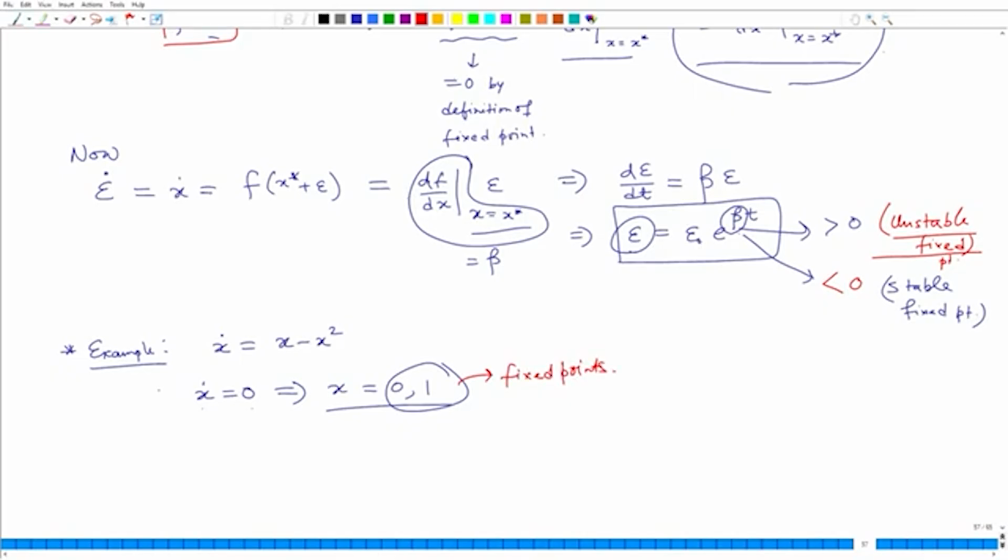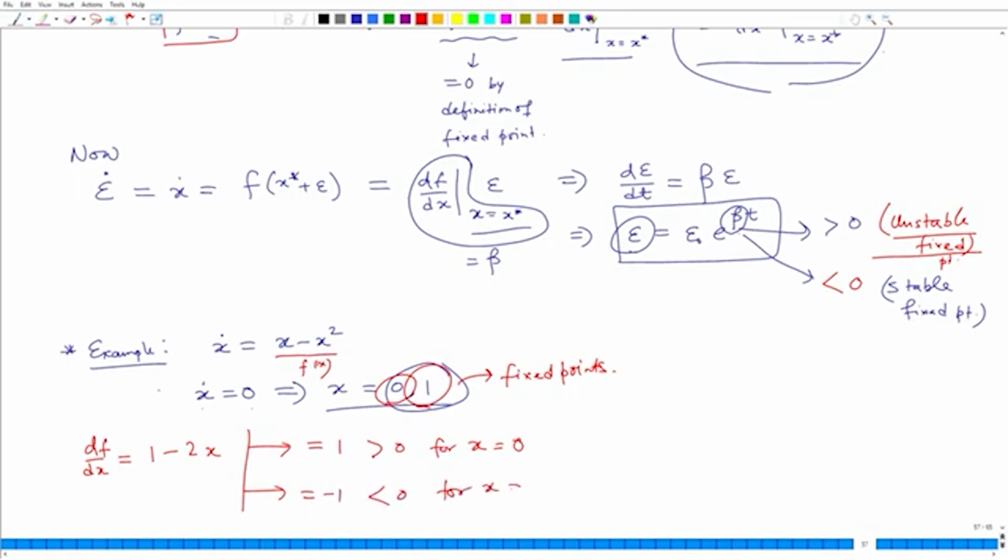Now, which one is stable, which one is unstable, or are both stable or unstable? How can you say? The easiest way to check is you just take the derivative. So, I can call this f of x, and df dx is actually 1 minus 2x. This is equal to 1, which is greater than 0, for x equal to 0, and this is equal to minus 1, which is less than 0, for x equal to 1.